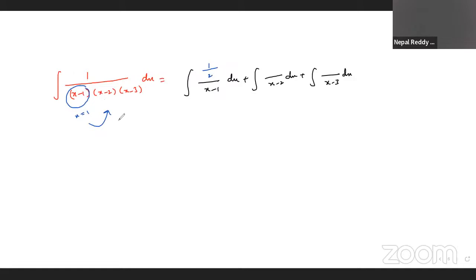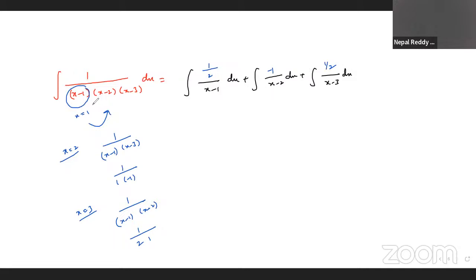Next, put x equal to 2 in 1 by x minus 1 and x minus 3. When you write x equal to 2, 2 minus 1 is 1, 2 minus 3 is minus 1, and hence you will get minus 1. Next, put x equal to 3 in 1 by x minus 1 and x minus 2. In the remaining part, you have to substitute 1 by 3 minus 1, 2, 3 minus 2, 1, and hence you will get 1 by 2 here.